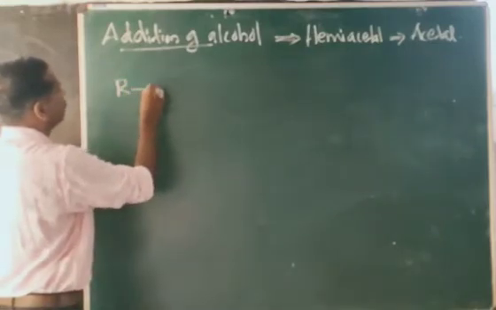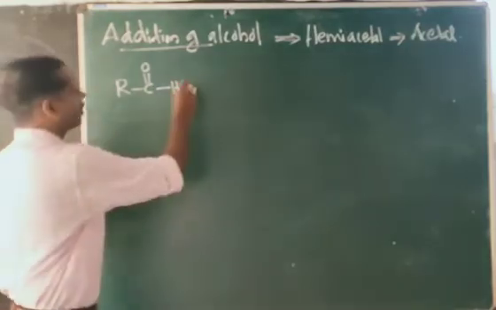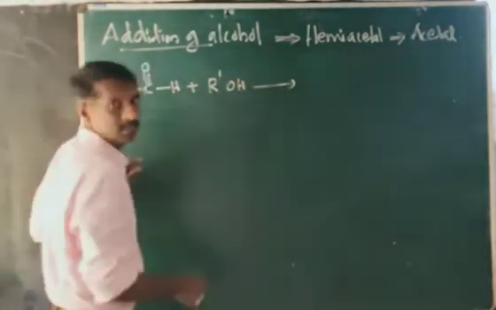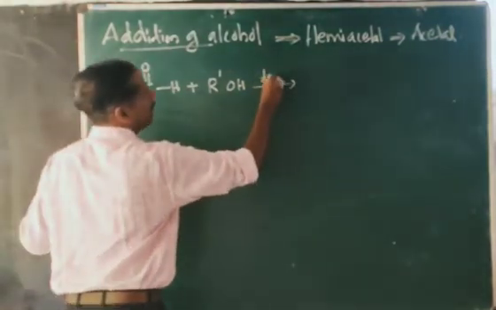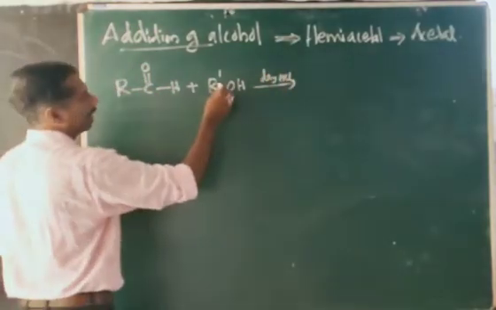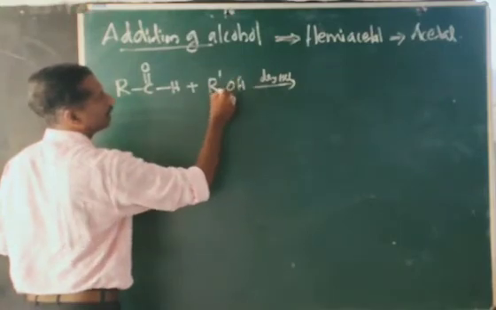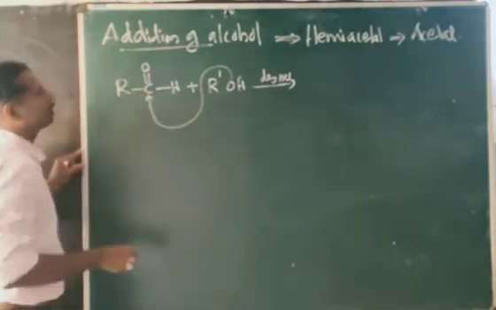Say a general example, RCHO, an aldehyde. I am taking an aldehyde reacting with an alcohol R'OH in the presence of dry HCl. You can see R'O minus and H plus. Therefore, this negatively charged part will attack here.